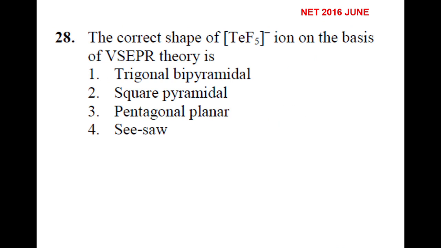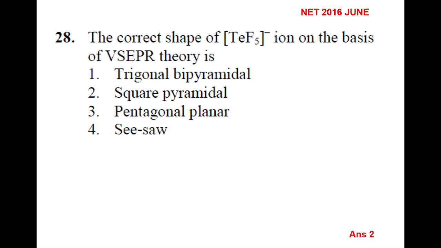So we'll talk about the shape of TeF5 minus. Tellurium comes under the oxygen family: oxygen, sulfur, selenium, tellurium. So the central atom is tellurium, 5 fluorine atoms are surrounding atoms, and minus is the charge on the molecule.